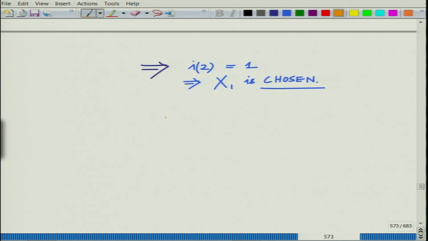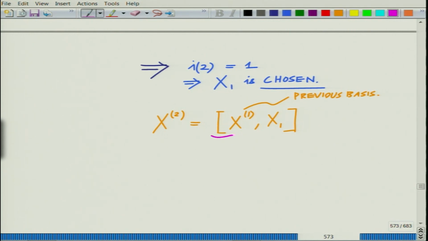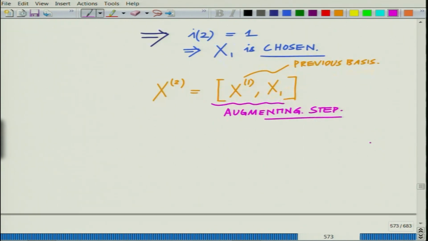And now what we do is we augment the basis matrix. So, you construct the basis matrix, you take the first one and then augment it with the chosen column. So, this is the previous basis, and this is basically the augmenting step.